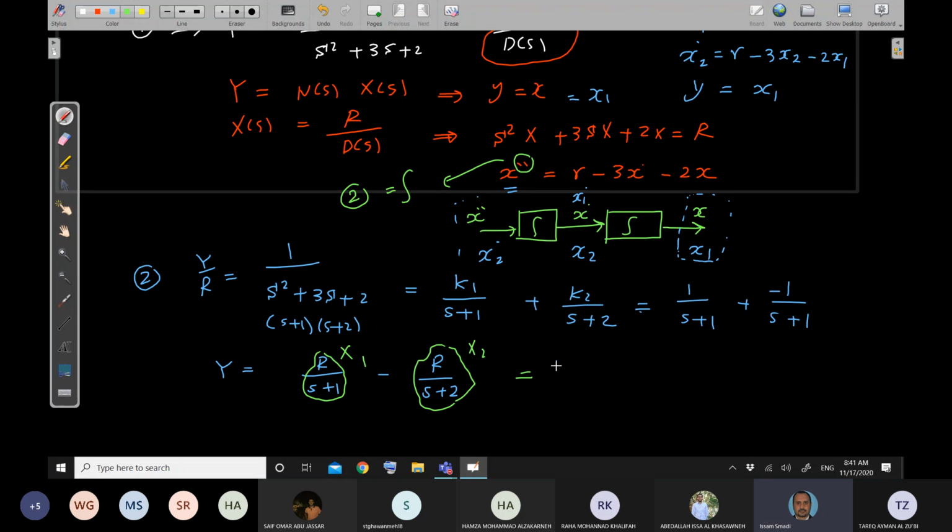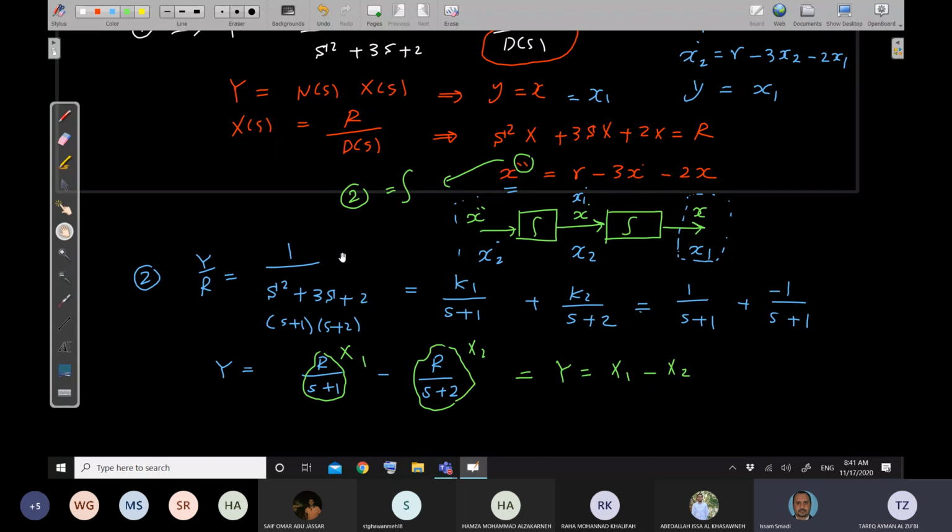So now automatically I'm having y equal x1 minus x2. Someone will say, no, I will take the minus here, so this will be x1 plus x2, as minus. The state space representation is unique. It depends on how you are selecting the state variable.